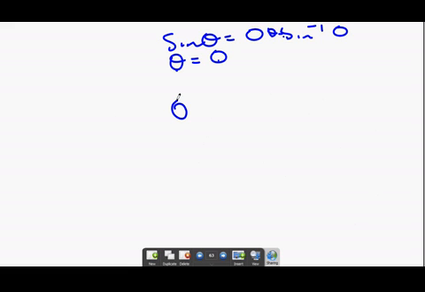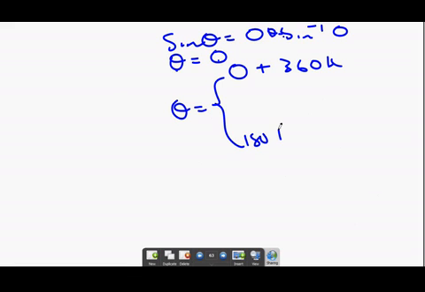But because this is an answer for sine, it will have two answers, 0 and 180 minus 0 is 180. Then I'll have plus 360k and plus 360k, where k is an element of integers. Same thing for cos.